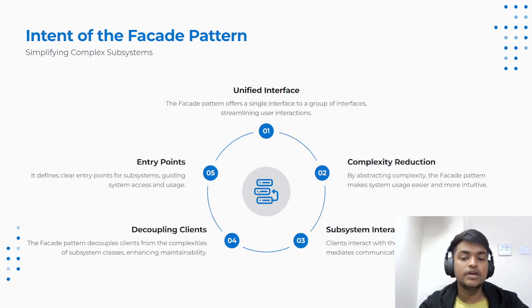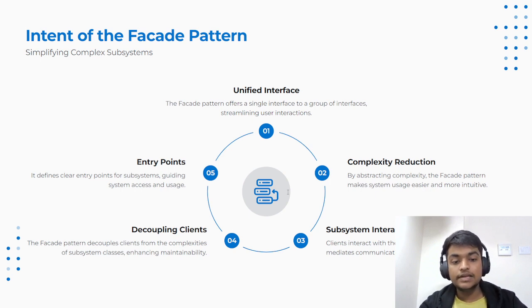In this case, we can use a pattern like the facade, which can act as a central interface and allow doctors and nurses to access patient information, review medical history, monitor real-time healthcare data, and order medication, all from one dashboard.